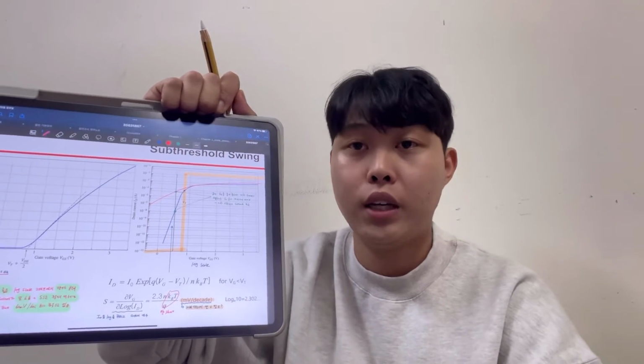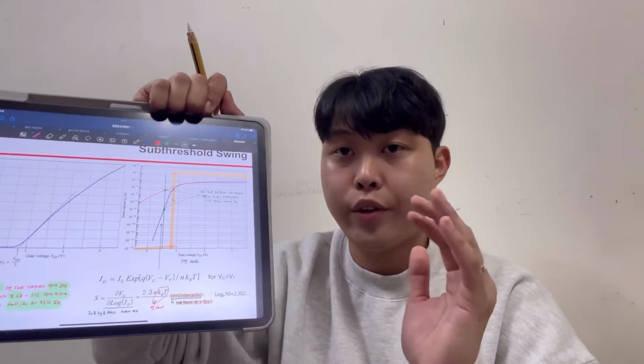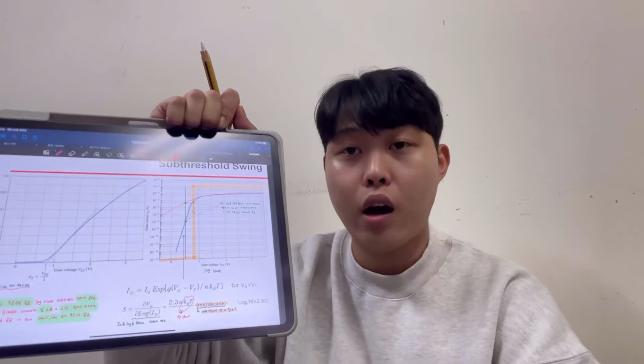So a good device has a very low subthreshold swing. However, this subthreshold swing cannot be under 60 millivolts per decade. So these days we're trying to make a good device, one which has a subthreshold swing near 60 millivolts per decade.